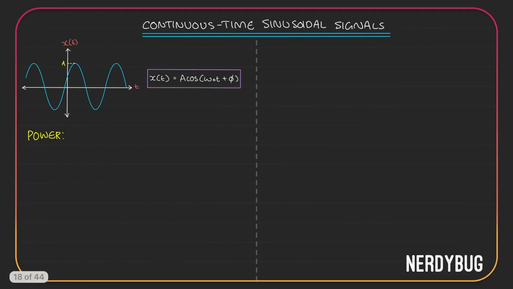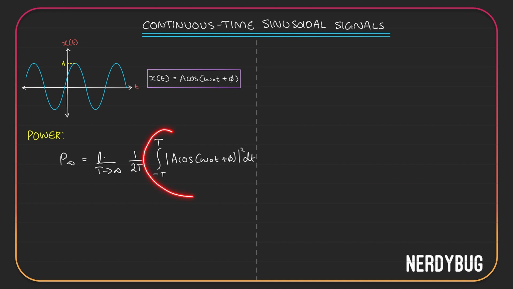Let's go to power now. Power of a signal in an infinite time interval, P infinity, is given as limit T tends to infinity 1 by 2T integral from minus T to T magnitude of the signal A cos omega naught t plus phi squared dt. Now I'm not doing this again.